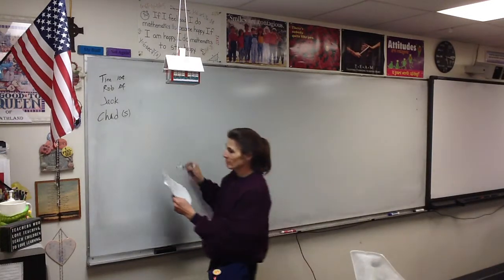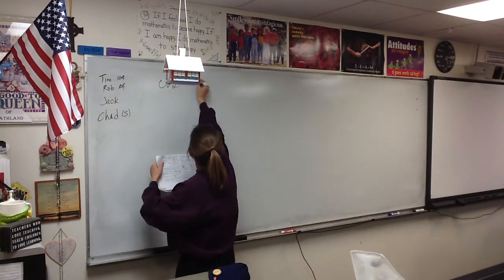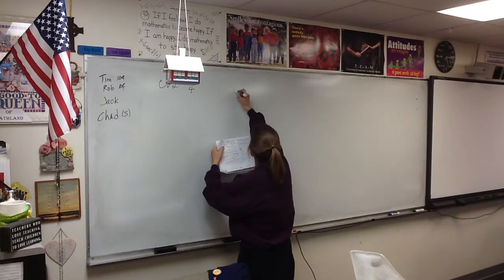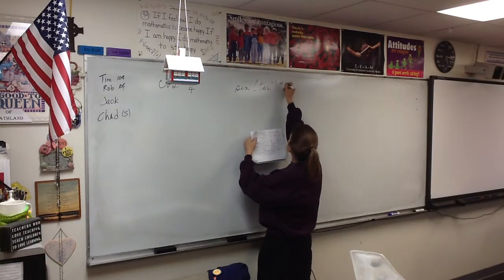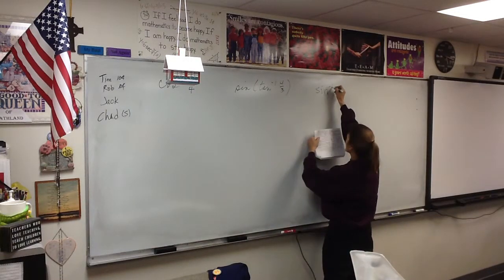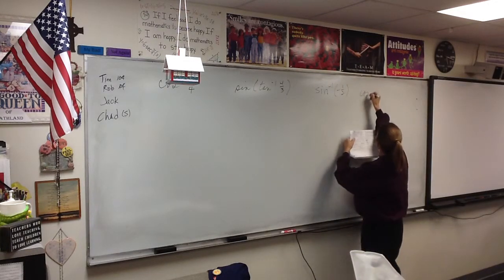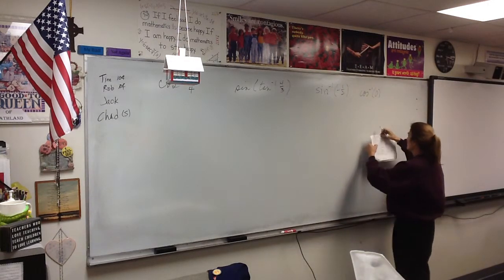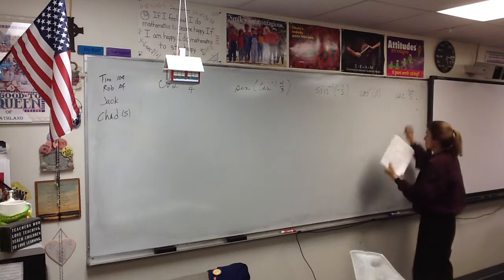Number one, we're going to find the exact value for the cosine of 5 pi over 4, the sine of the angle whose tangent is 4/3, the angle whose sine is -1/2, the angle whose cosine is 0, and the cosecant of 3 pi over 2.